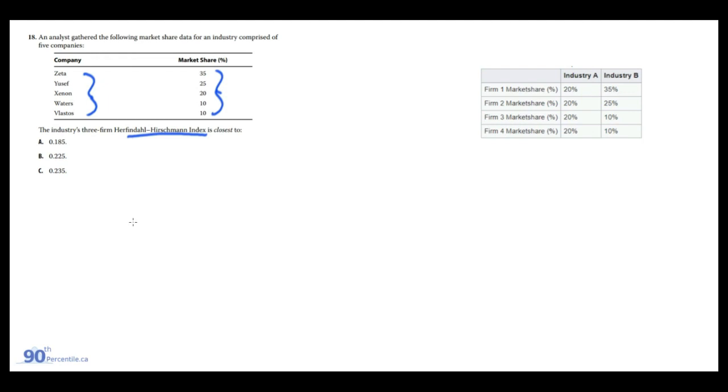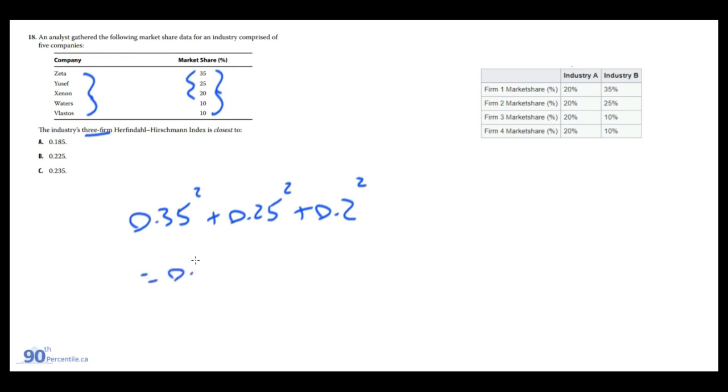But this one's a little bit different in that we just take, in this case, the top 3 firms, take their market share, so 0.35 plus 0.25 plus 0.2, and we square each of them, and then sum them up. And if we were to run this, we would get 0.225. So our answer is B.